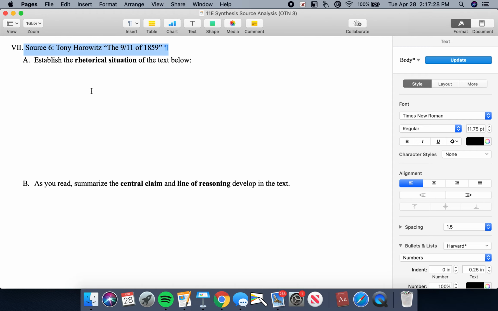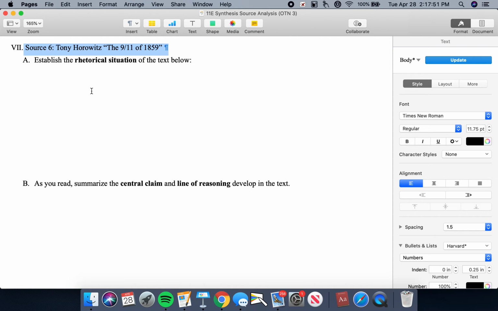All right, Horowitz seems to imply his purpose is to attempt to illustrate the commonalities between the two and the danger of honoring John Brown because of the precedent that honoring such a man sets. Okay, does that make sense?